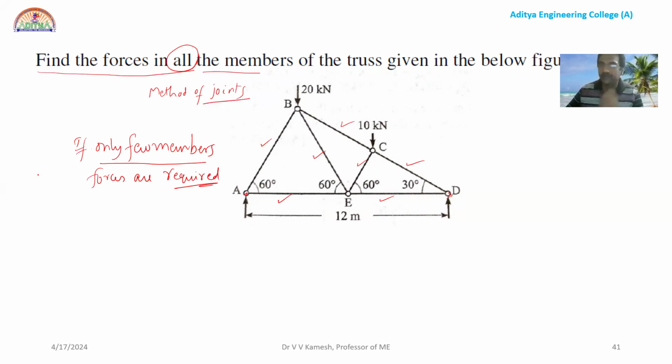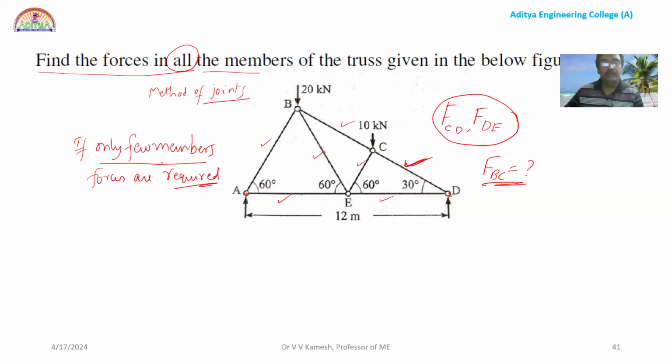Suppose I want to find the force in CD. Suppose I need only CD. That means FCD is required and FDE is required. Only these two. Otherwise, I will ask you only FBC. What is FBC?